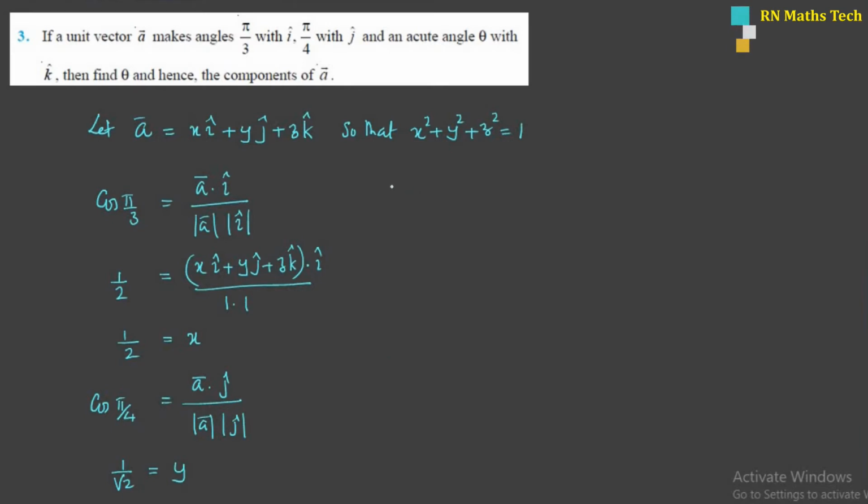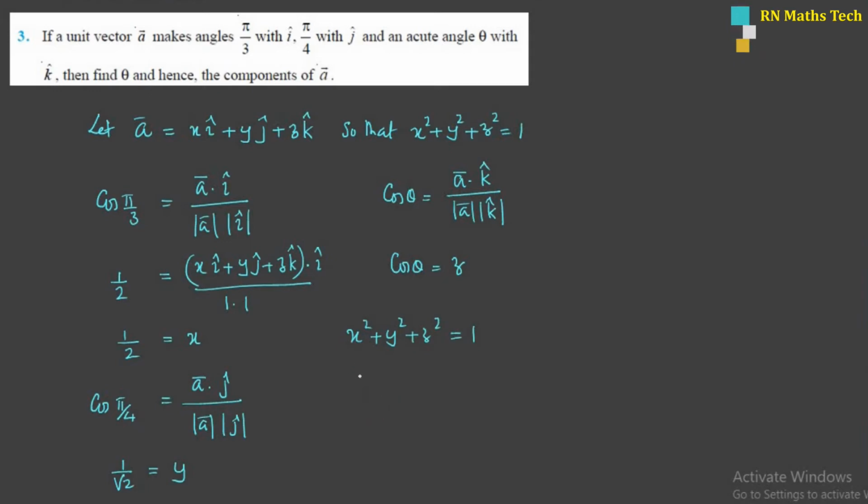Okay, now third case, cos theta, with acute angle theta with k, A bar dot k cap divided by mod A bar mod k cap, that is cos theta equal to z. Okay, now x square plus y square plus z square is equal to 1.